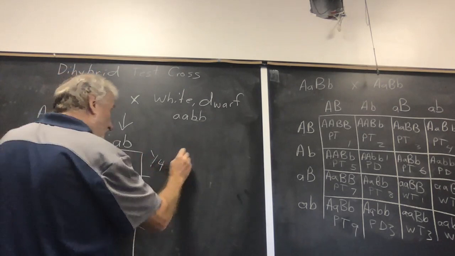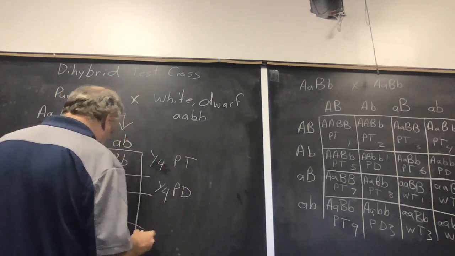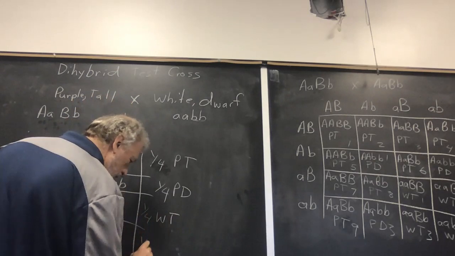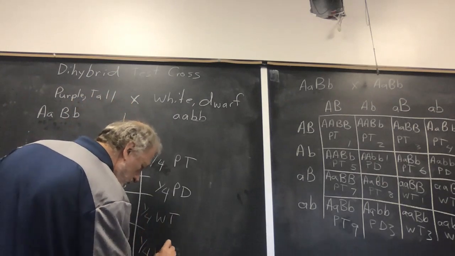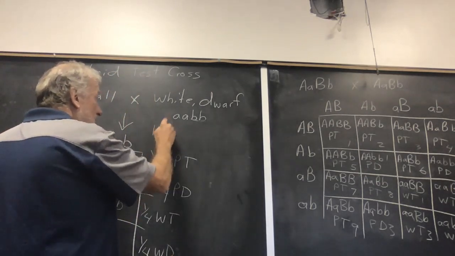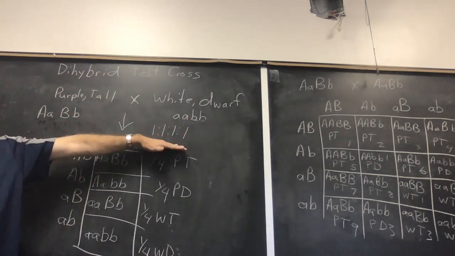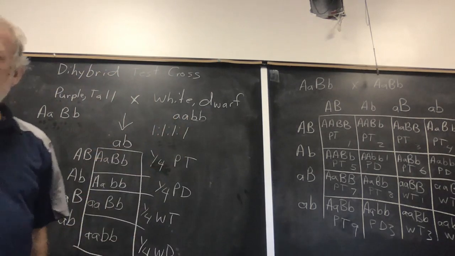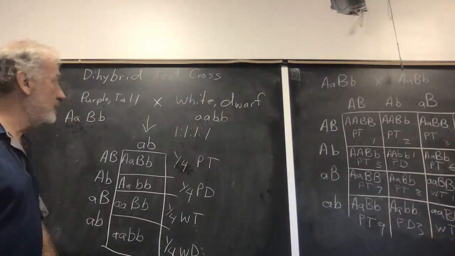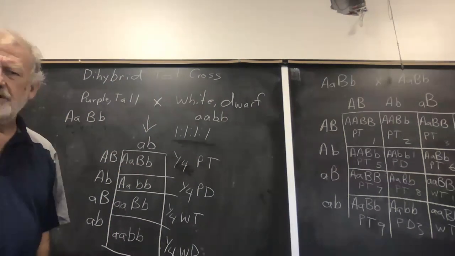A quarter will be purple tall, another quarter will be purple dwarf, another quarter will be white tall, and another quarter will be white dwarf. And so that gives us the characteristic dihybrid phenotypic ratio of 1:1:1:1, which is characteristic of a dihybrid test cross with approximately equal numbers of offspring in all four phenotypic categories.